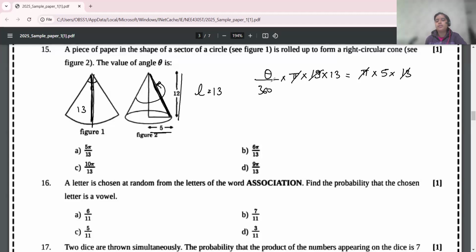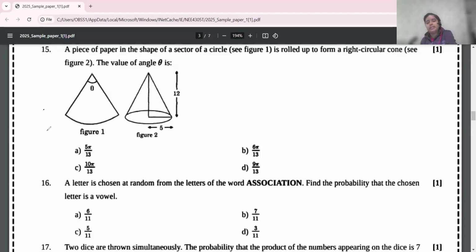We have to find the value of theta. So just transpose everything else there, and we get the value of theta as 30. So the answer becomes option number A, 5 pi by 13.